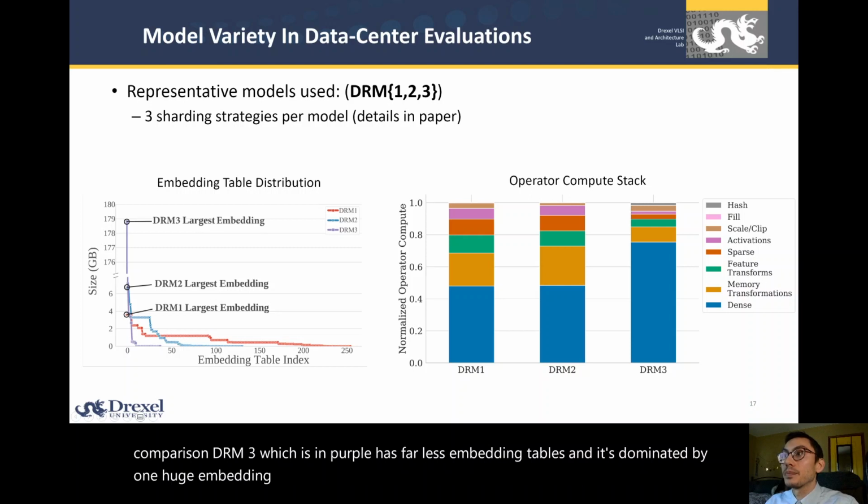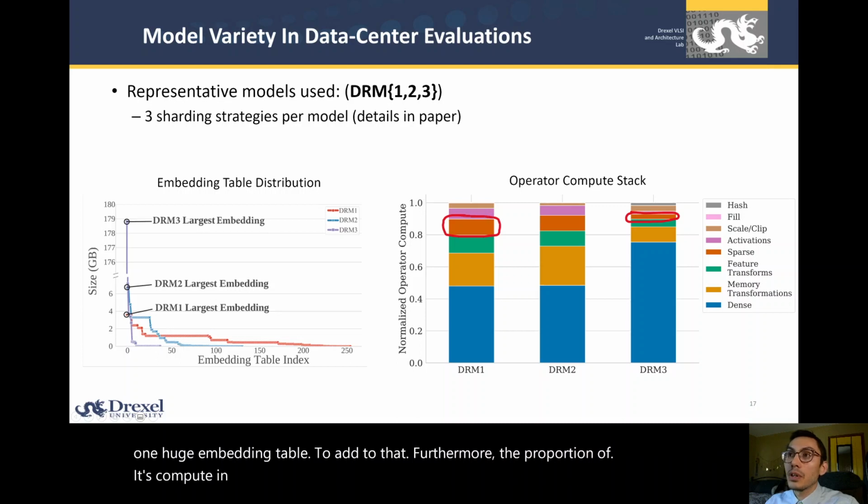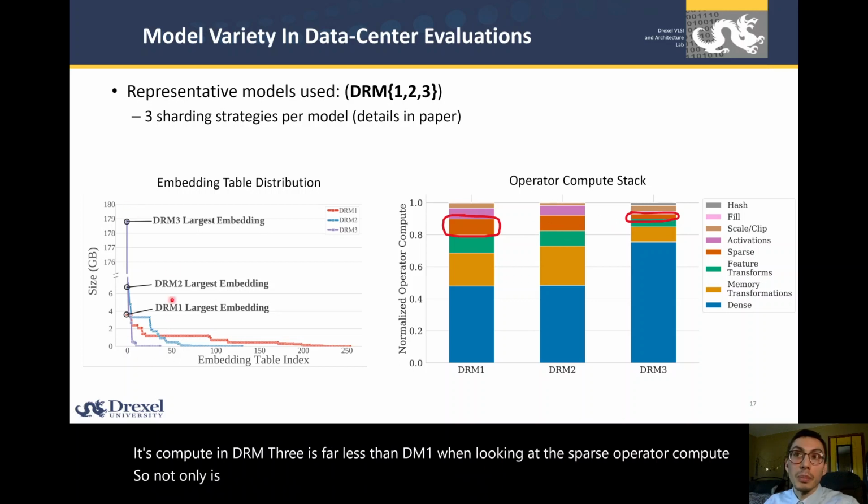Furthermore, the proportion of its compute in DRM3 is far less than DRM1 when looking at the sparse operator compute. So not only is there less work to parallelize, but the work itself within those tables is also less.